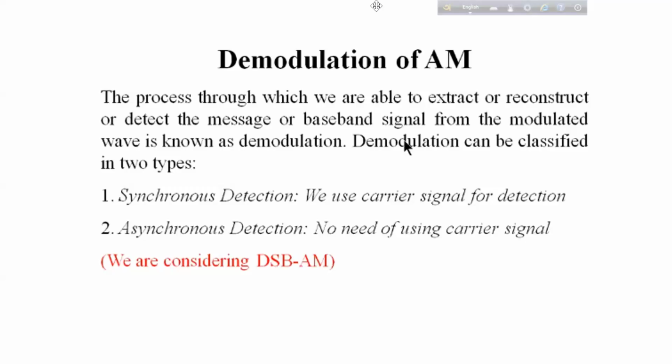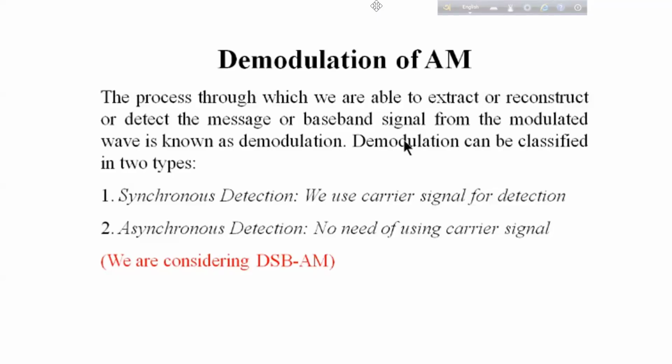This carrier signal is known as a pilot signal. We send it so that it will be easier for the receiver to extract the message signal, because it has the information about the carrier. So this kind of detection or demodulation is known as synchronous detection, because we have the carrier signal for detection.